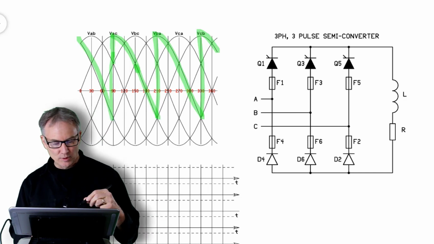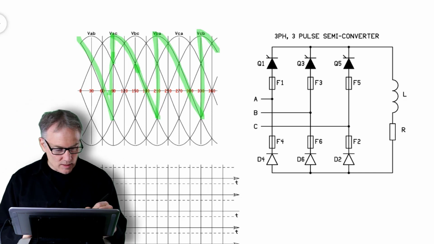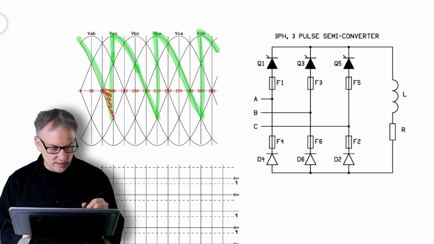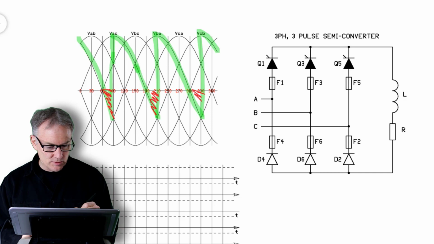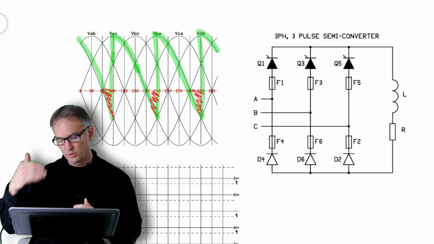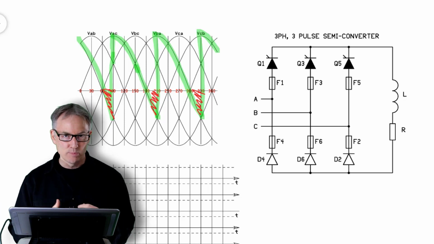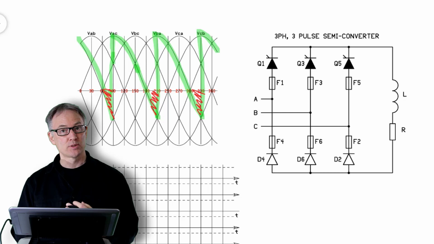And here's why. If you look at these regions here, so let me grab this other pen. Right now you see this negative voltage here, this negative voltage here, and this negative voltage there. It turns out that a semi-converter, which is 3 SCRs and 3 diodes in the return path, can't actually produce a negative voltage across the load.